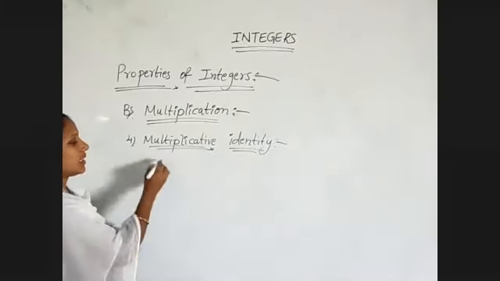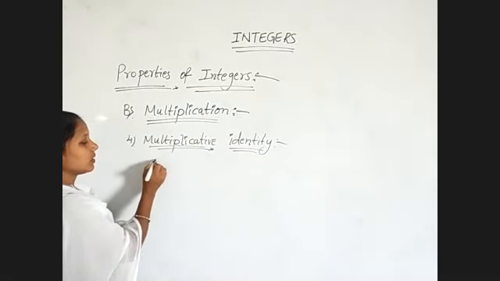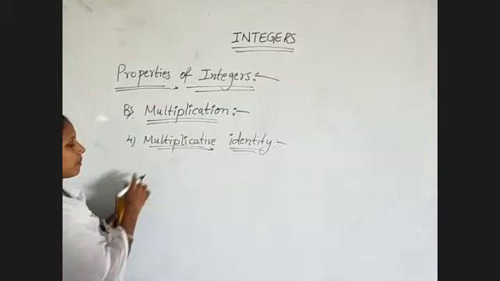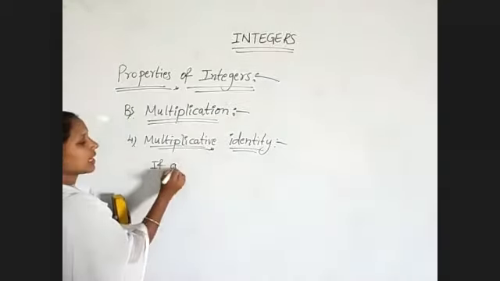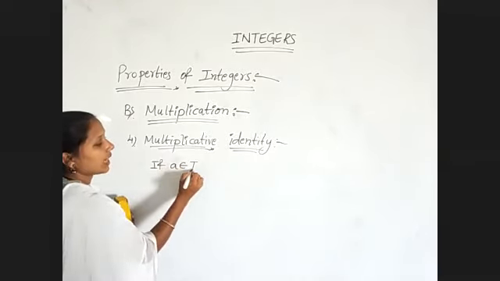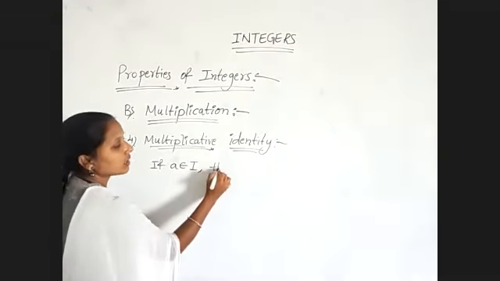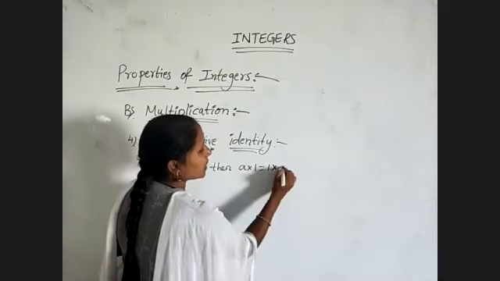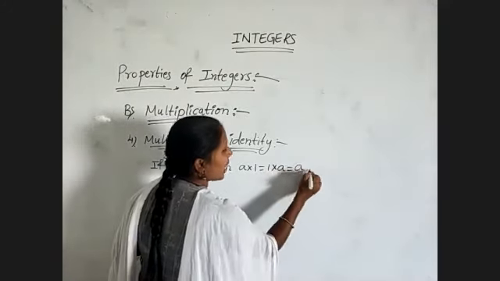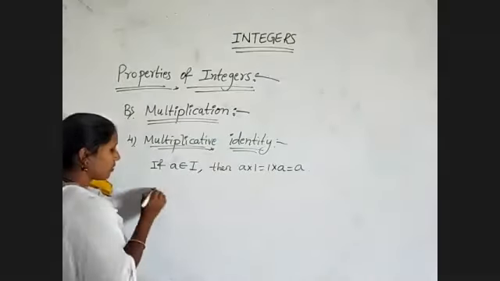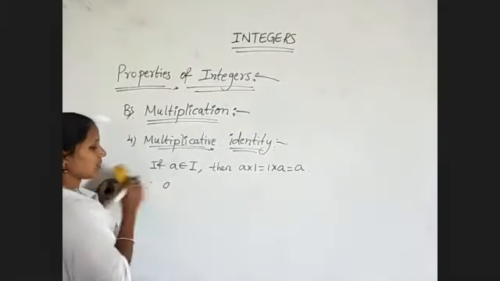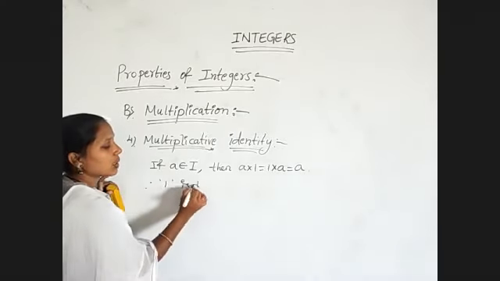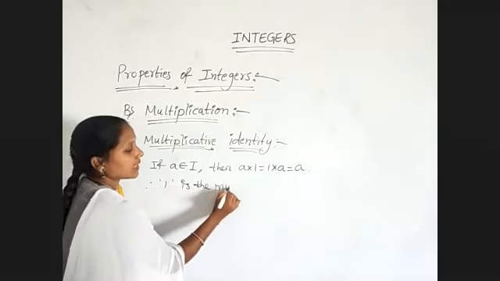Multiplicative identity: if a belongs to I, integers, then a into 1 is equal to 1 into a is equal to a, always the same. Therefore, 1 is the multiplicative identity.